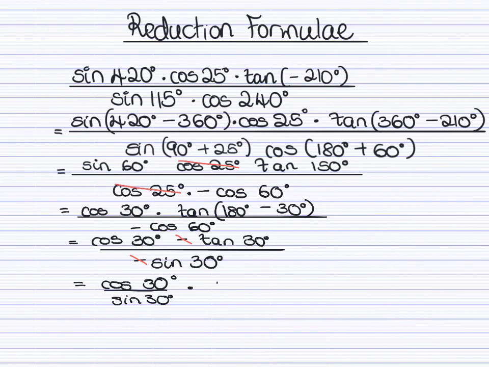And this is multiplied by sine 30 degrees divided by cos 30 degrees. As you can see there, we can now cancel out cos 30 degrees in the numerator with the cos 30 degrees in the denominator. The sine 30 degrees will cancel out with the sine 30 degrees in the numerator, and you are left with 1.